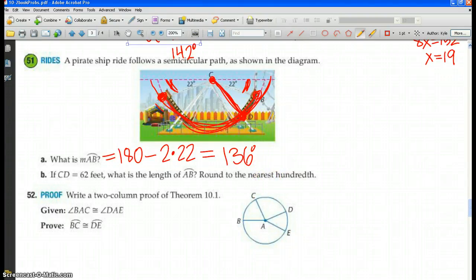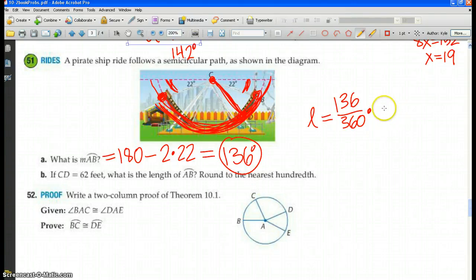So we want to find this arc length now, the length of this part of the circle. Arc length is equal to arc angle, which we just found, 136 over 360 times the circumference, because we're finding a fraction of the circumference.